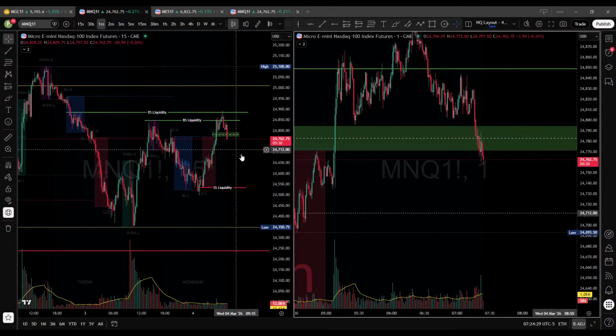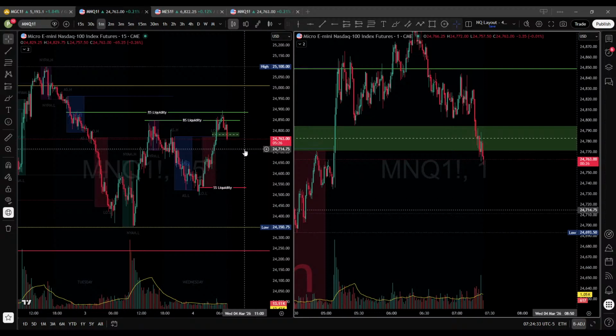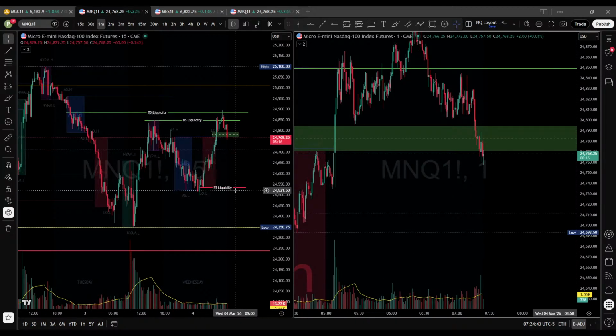If the 15-minute candle closes below this, then we will have a good bearish bias till this London session low has been taken out, just the sell side liquidity.